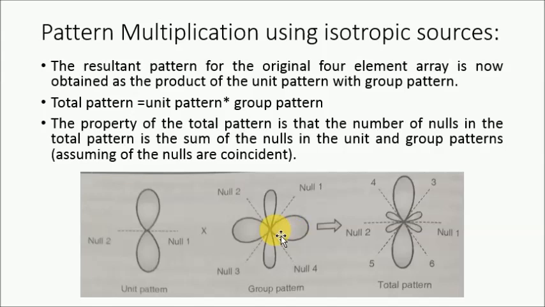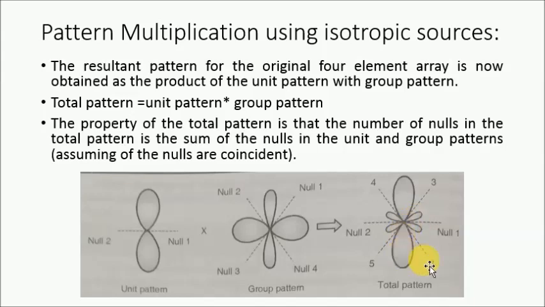Now you remember the property of the total pattern: the number of nulls in the total pattern is the sum of the nulls in the unit and group pattern. So whatever nulls we have in the unit pattern and whatever nulls we have in the group pattern, we just add these two. This is 2, this is 4, becomes 6. So in the resultant pattern there should be 6 nulls.